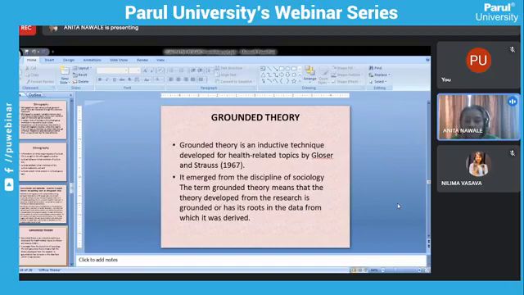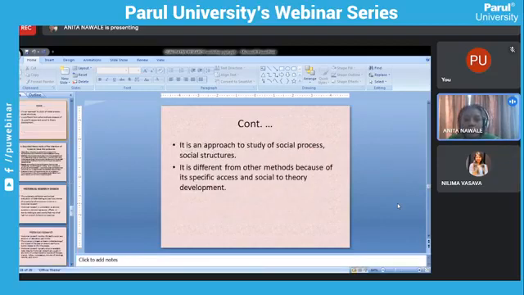The last line is very, very important. How is this grounded theory design different from other designs? It is an approach to the study of social processes and social structures, and it is different from other methods because of its specific approach to theory development.